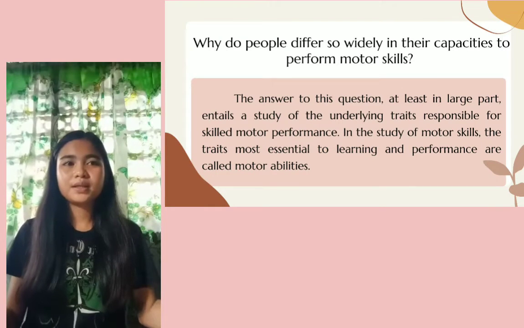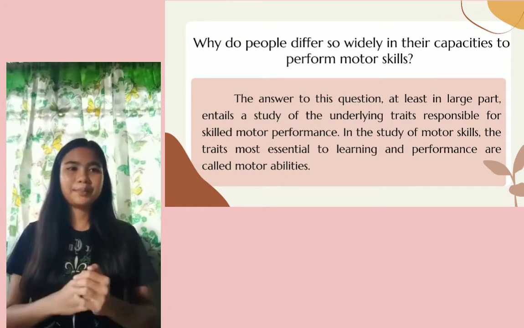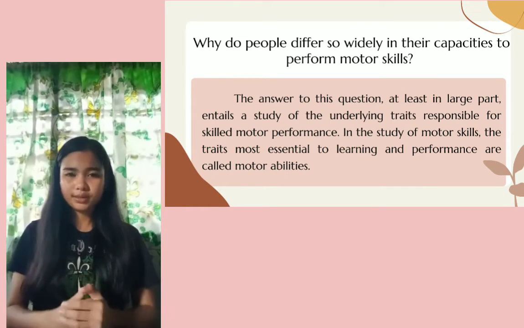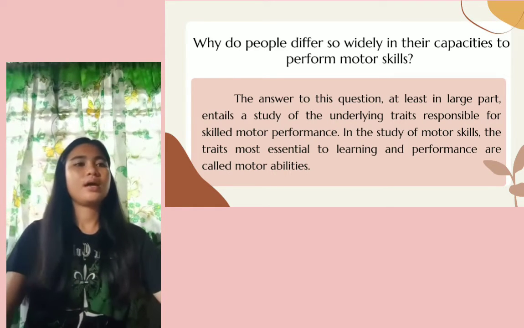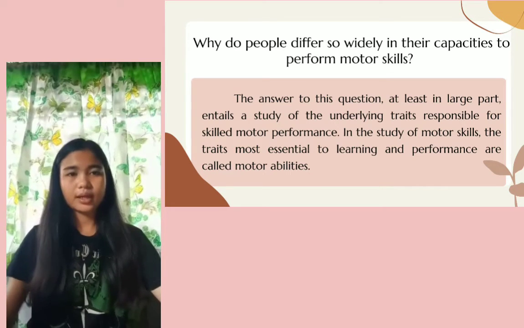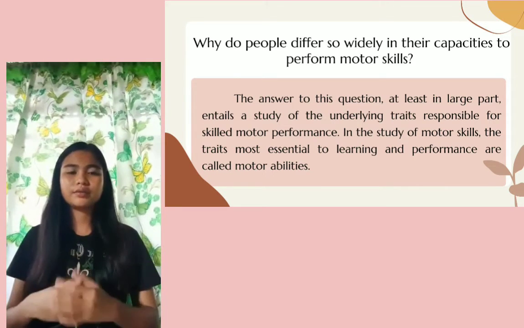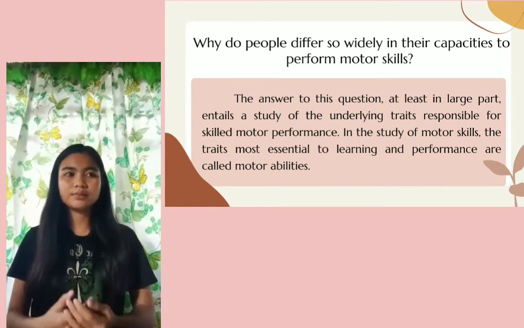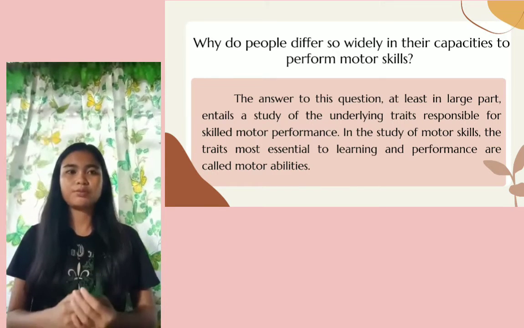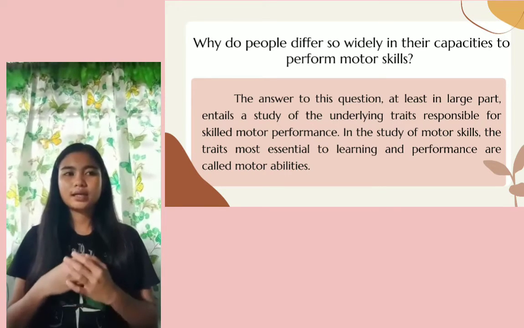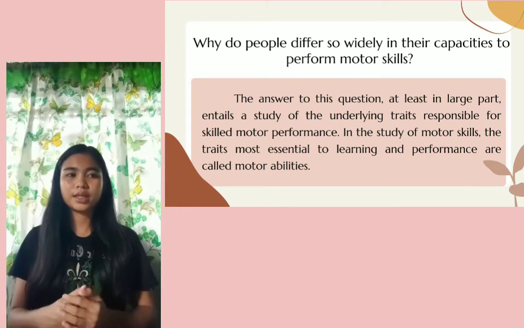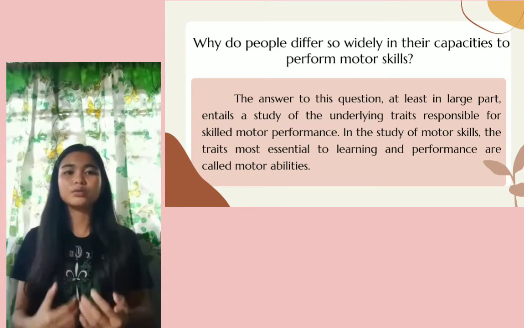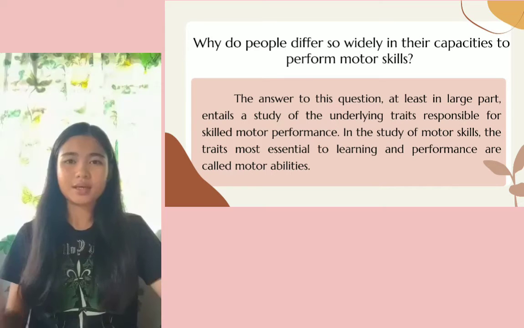Why do people differ so widely in their capacity to perform motor skills? The answer to this question, at least in large part, entails a study of the underlying traits responsible for skilled motor performance. In the study of motor skills, the traits most essential to learning and performance are called motor abilities.